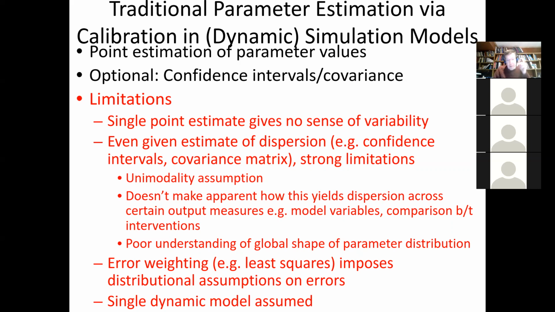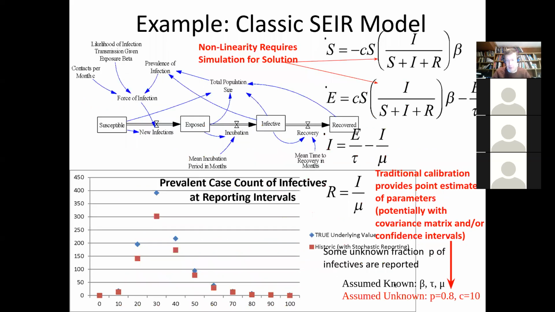If we have a 95% confidence interval around our point estimate here, first of all, it's purely local. It's around that point. It's not considering many other points that may have just about equal fidelity to the empirical data. But more than that, that confidence interval cannot be used.